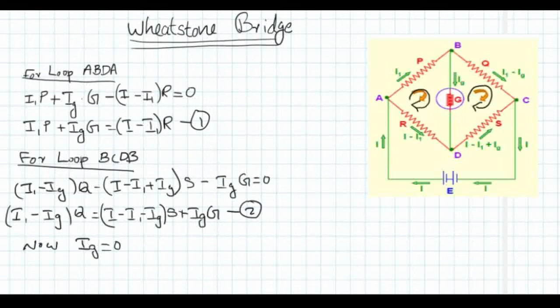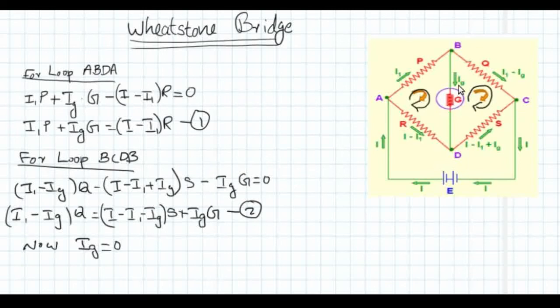So to repeat, by adjusting the values of P, Q, R and S, we can make the current through the galvanometer 0. That is Ig is equal to 0. And when the current through the galvanometer is made 0, the bridge is in the balancing condition.